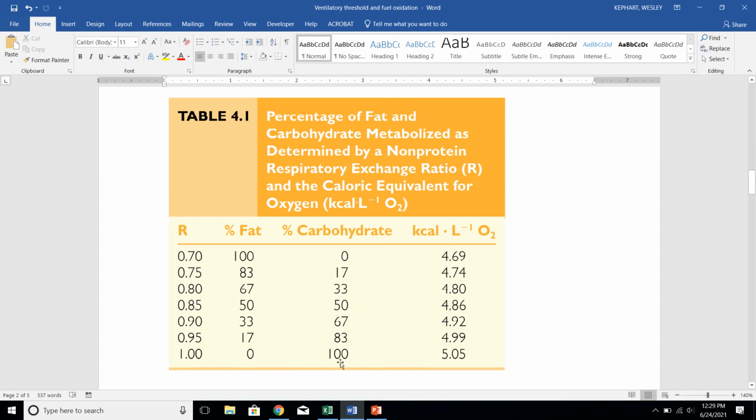And another thing here, kilocalories per liter. This is one pretty curious thing: in terms of getting energy out of these molecules, we're actually more efficient at getting energy out of carbohydrates than we are out of fats.